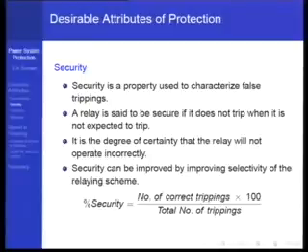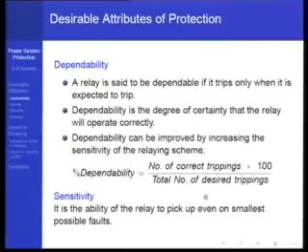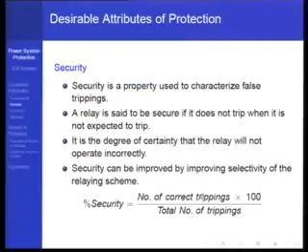But that doesn't mean that the dependability is 100, because dependability is divided by the number of desired trippings. There may have been some events which you may not have detected. So security being 100% does not mean that dependability is 100%. Similarly, dependability being 100% does not necessarily mean that security is 100%. Therefore both objectives are required for characterization.